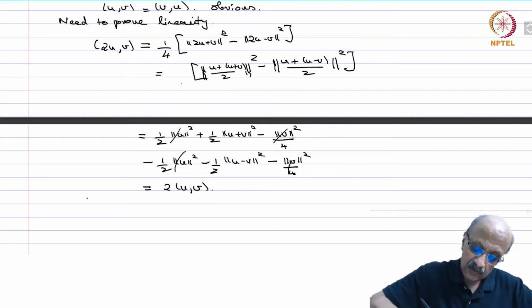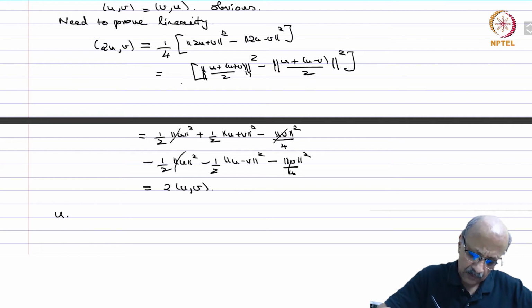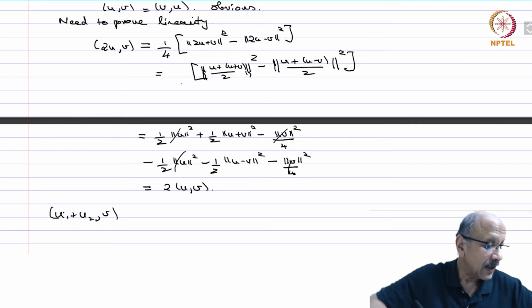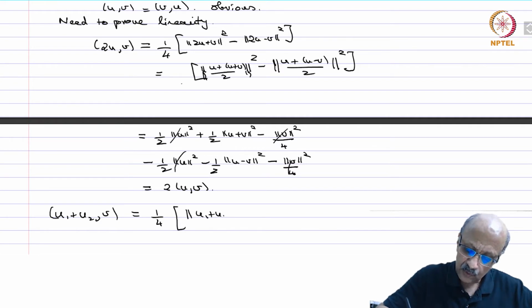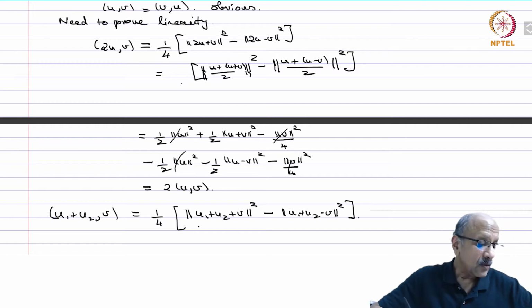So that is one relationship. Now what about (u1 plus u2, v)? That's equal to 1/4 of norm of u1 plus u2 plus v whole squared minus norm of u1 plus u2 minus v whole squared. I am going to write this as (u1 plus v) by 2 plus (u2 plus v) by 2.